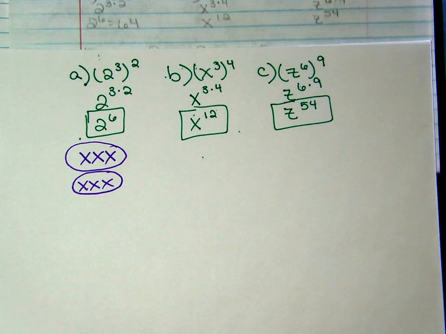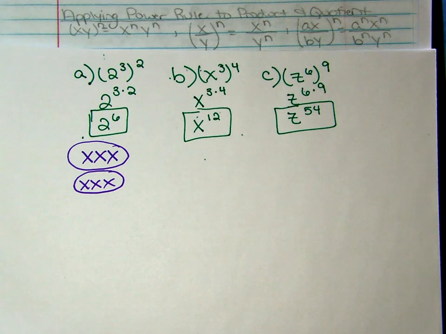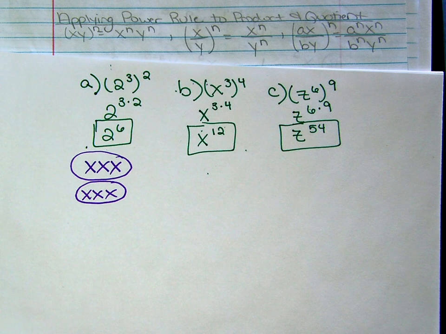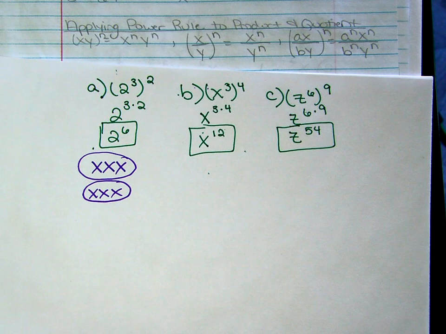Okay. So what if we have more than one thing inside of our parentheses? I'm going to zoom out just a tiny bit. What if we have 2 terms in there, or 3, or 4, or so on and so forth? This is where we're going to think about distributing the power that's on the outside. Now, you don't necessarily have to write all those out if you don't want to.